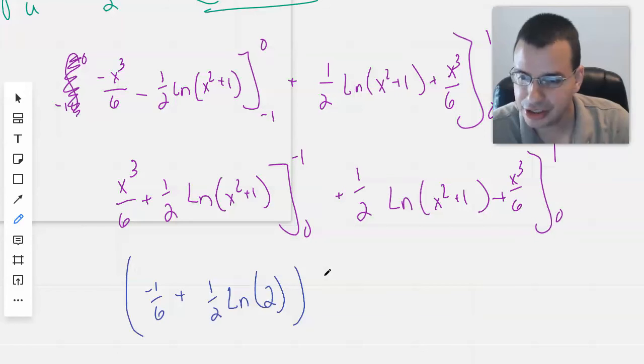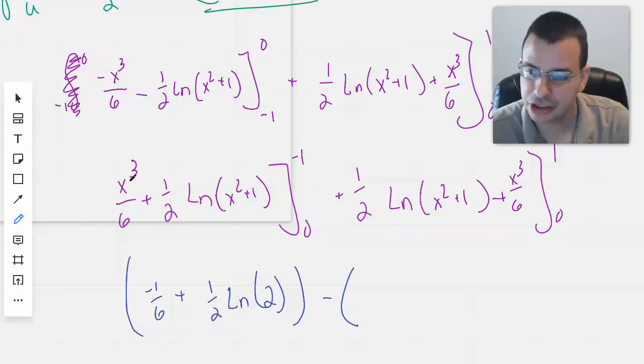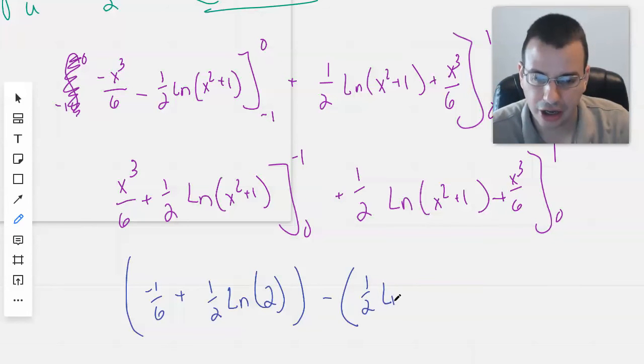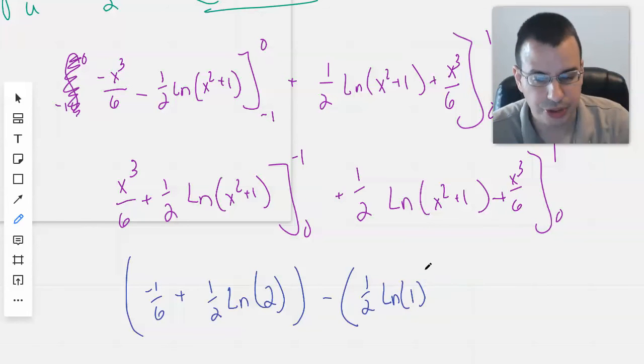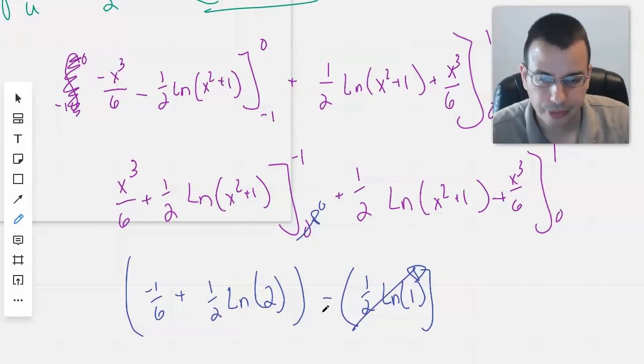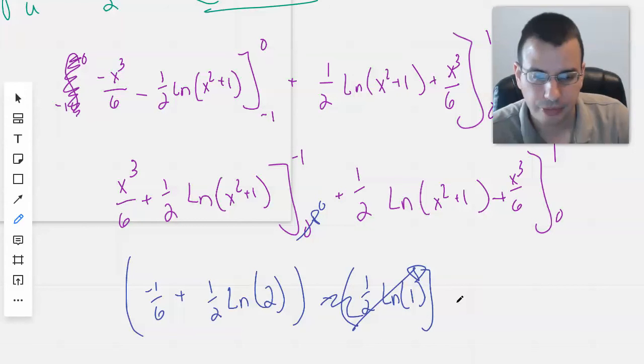And then we'll do the 0 minus 0 cubed over 6 will be 0, plus 1/2 natural log of 1, which will be 0. The 0 section goes to 0, so we can just get rid of all that.